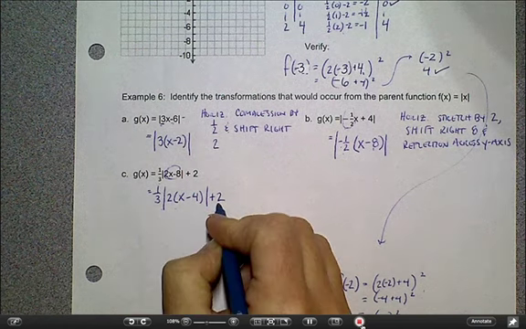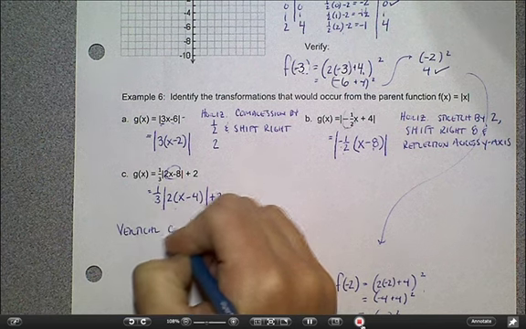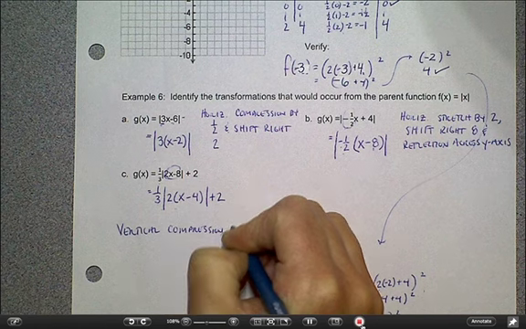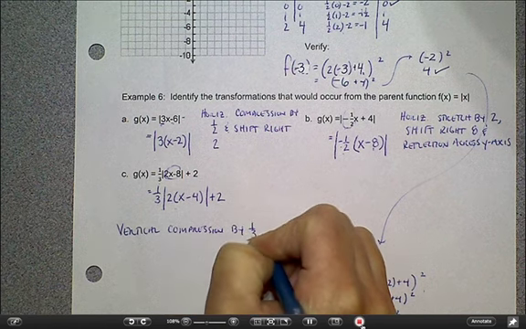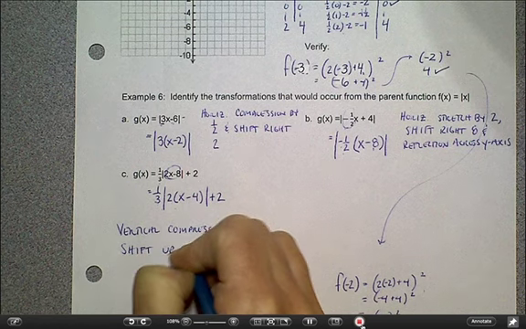So again, these stay the same. So it's a vertical compression by 1/3 and a shift up 2.